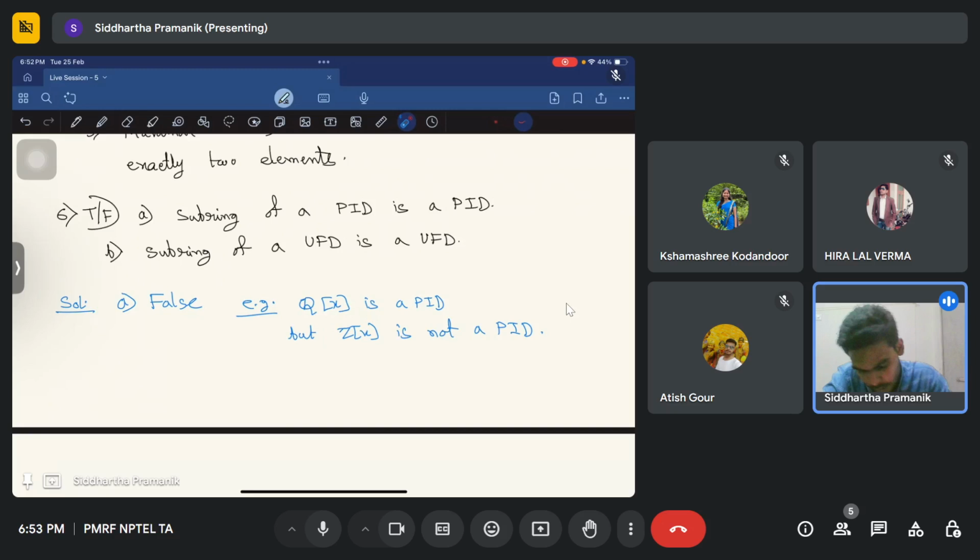What about the second one? Is a subring of a UFD a UFD or not? I thought you guys would give an easier example than this. Any guesses for B?